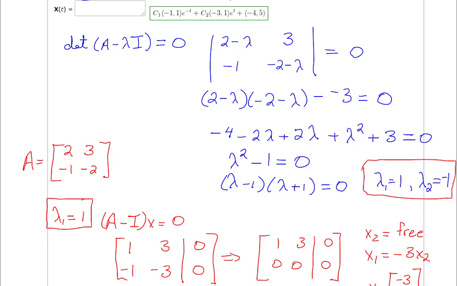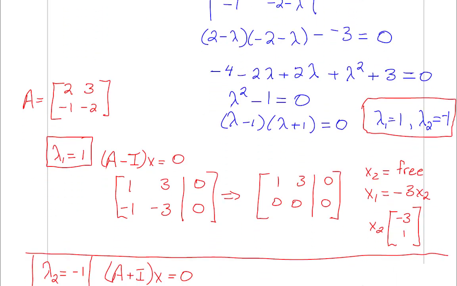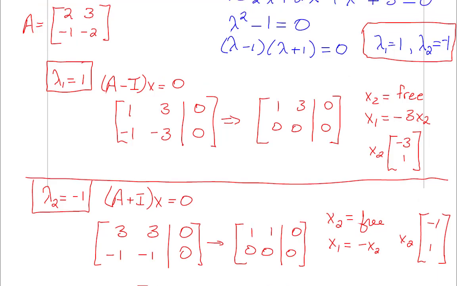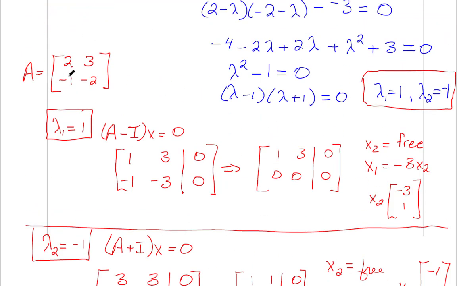All right, I need to find the eigenvector that goes with each one. So for lambda 1 equals 1, it's A minus I. So here's A. A is 2, 3, minus 1, minus 2. So subtract 1 from the elements on the diagonals.